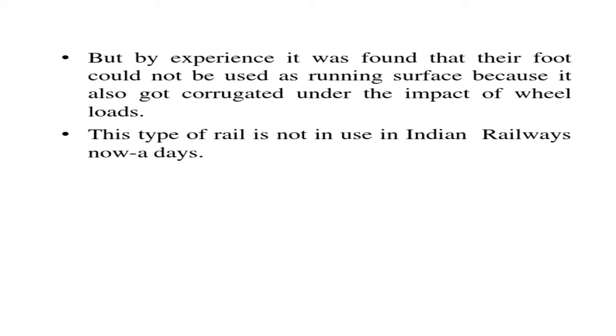But in practice it was understood that since the impact of wheel load is coming, the bottom portion cannot be used. Now this type, the double-headed type, is not used in Indian railways nowadays.